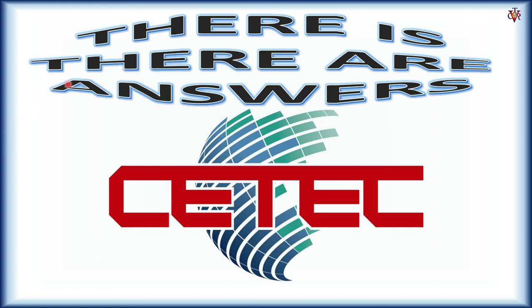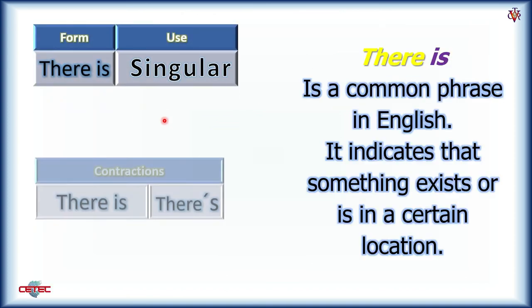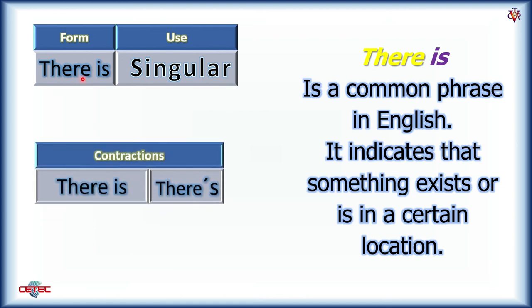Welcome. Today we're gonna continue with there is and there are. Now let's check your answers. Don't forget that we use there is for singular things. There is, it's a contraction, and there is a common phrase in English that indicates something exists or is in a certain location.